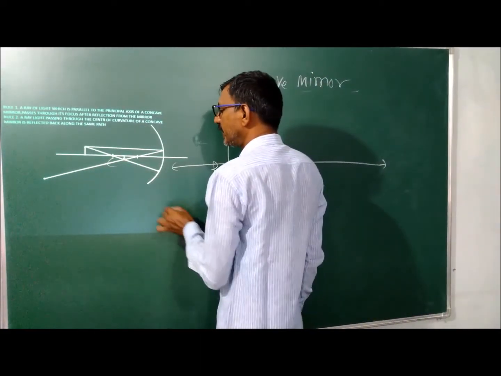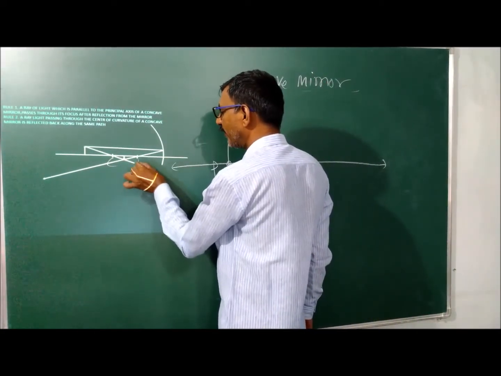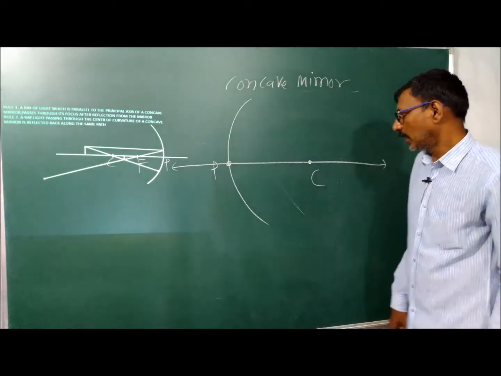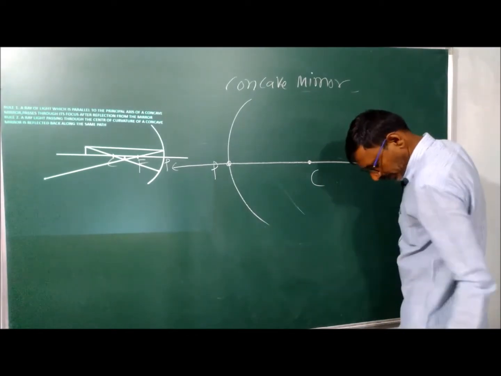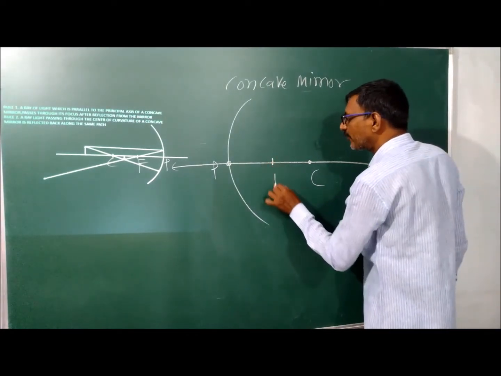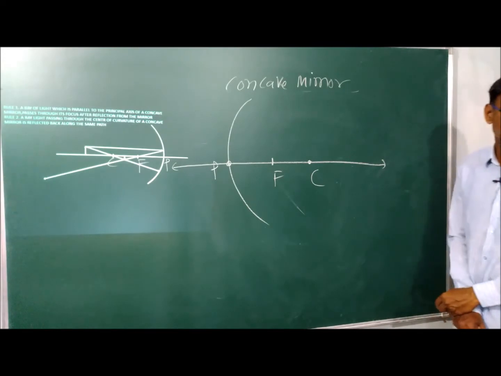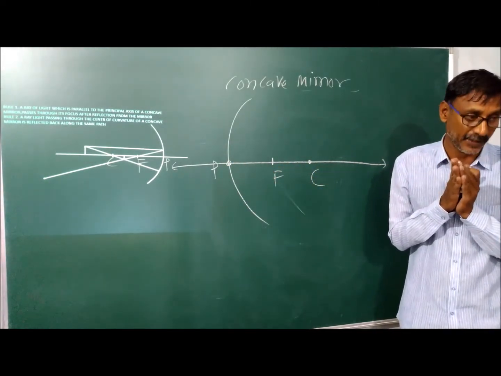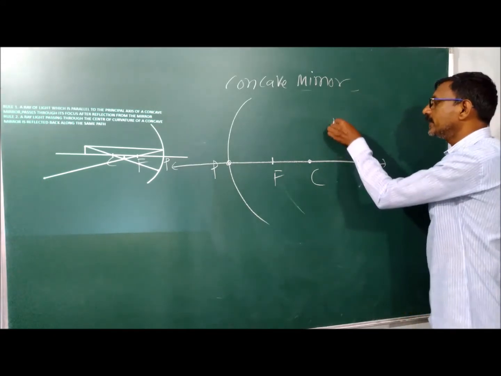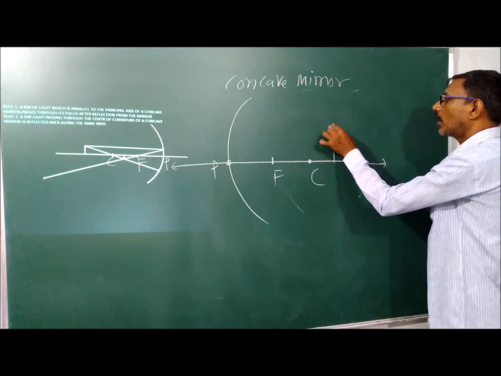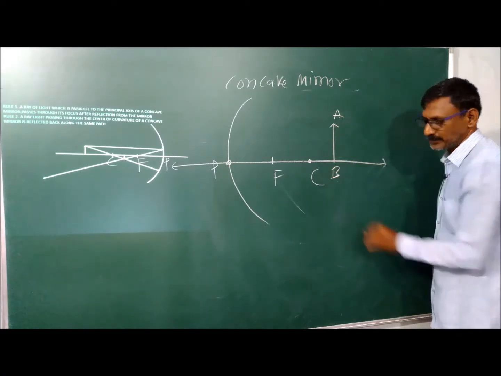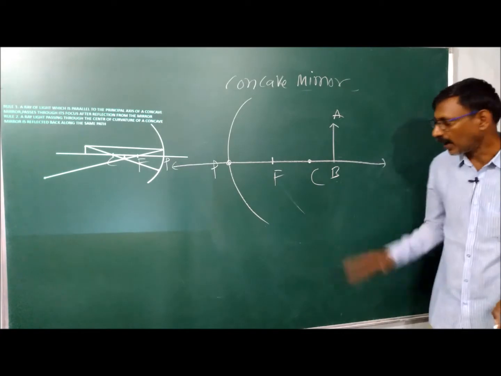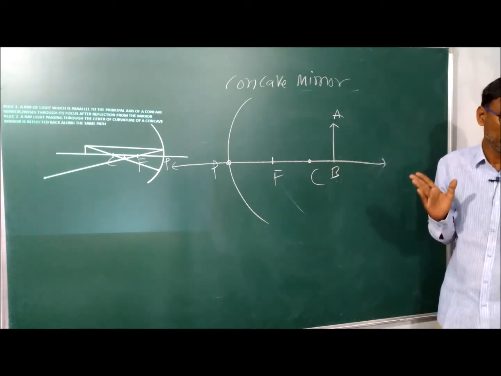This is my C, this is my F and this is my P. Keep that in mind. This F is always exactly between P and C. This is my object, say AB, in front of the concave mirror and beyond C. This is very, very important.